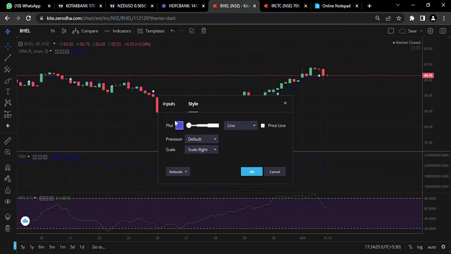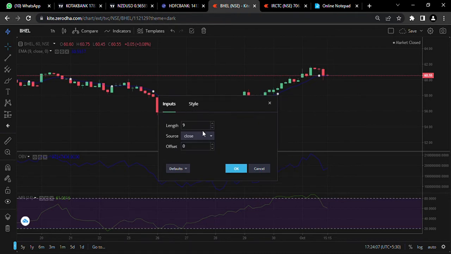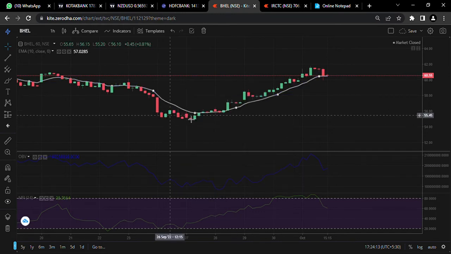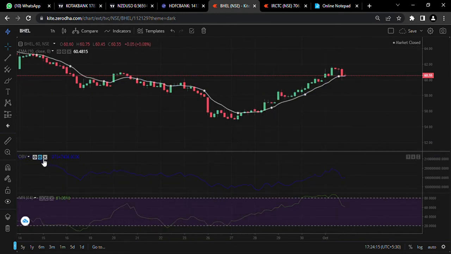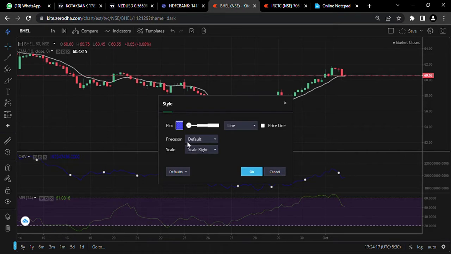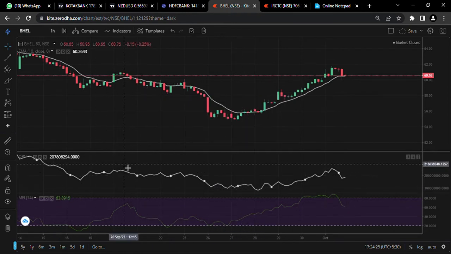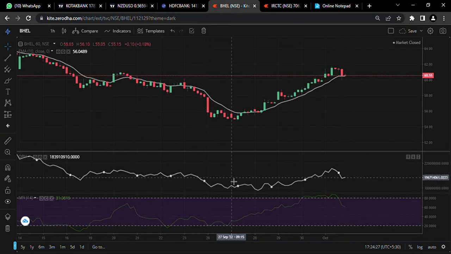We will need the EMA with a length of 10 period, so I will change this. Secondly, I will change the color of the on balance volume. You can keep it as the default, but I like the white color on the black, so that's why I am changing this.